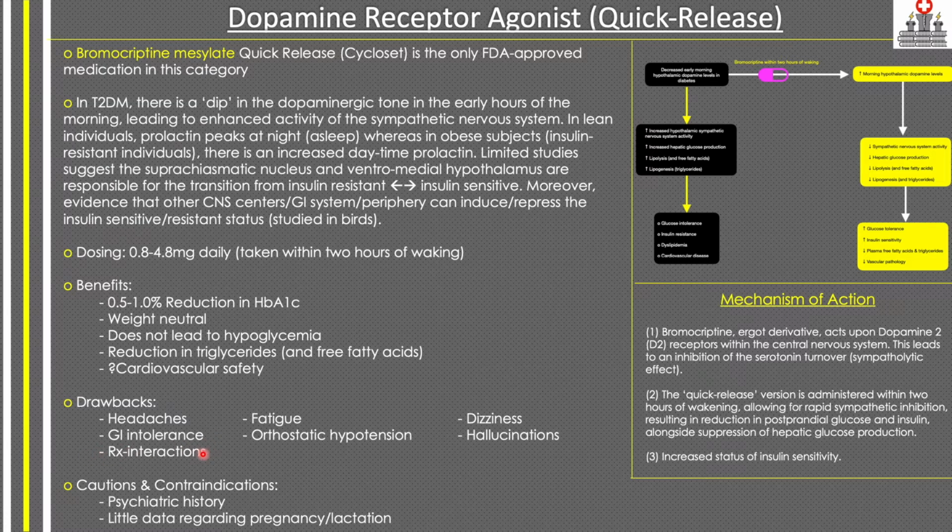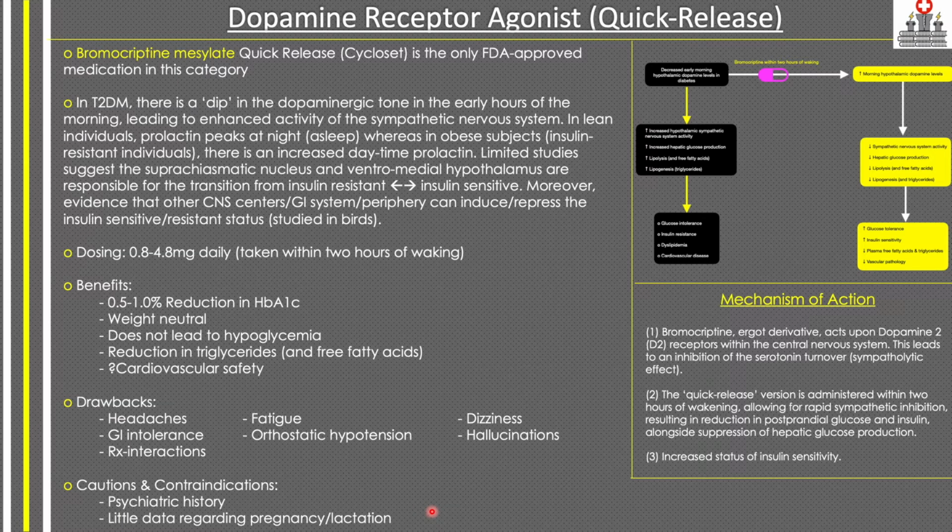So it's always important to consider what medication the patient is taking concurrently. As a result of the hallucinations, this is actually a contraindication to prescribe the medication if there's a past psychiatric history, because it could theoretically worsen the psychiatric ailment. Again, this drug is very rarely prescribed and poorly studied, so we don't know the effects regarding pregnancy and lactation.